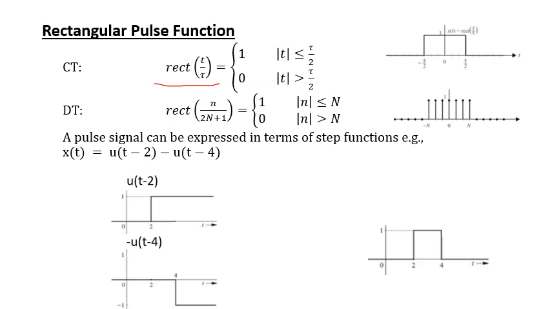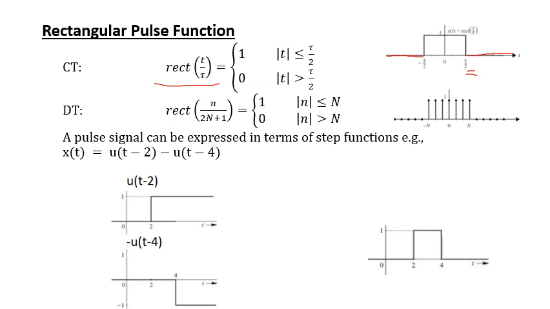If the absolute value of t is greater than tau by 2, it will be 0, whereas for the case when the absolute value of t is less than or equal to tau by 2, it will be 1. So this is the case.